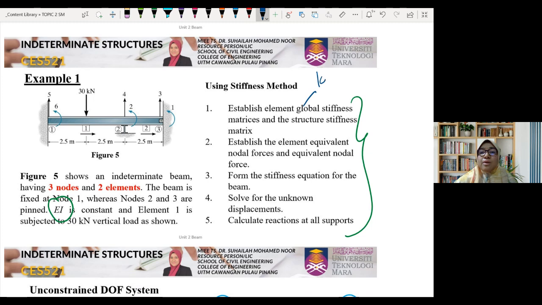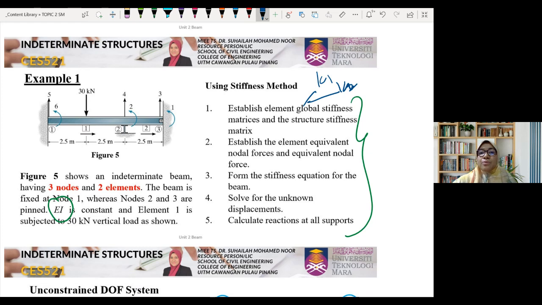So we will produce K1 and K2 using the formula given in appendix, where the stiffness matrix is a 4 by 4 matrix, because each element has 2 nodes and each node has 2 degrees of freedom. So for element stiffness matrix, we will get K1 4 by 4, K2 also 4 by 4.